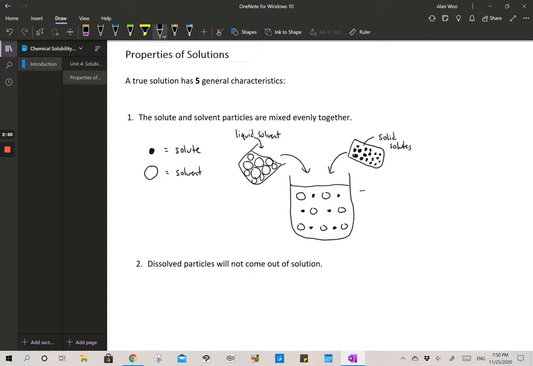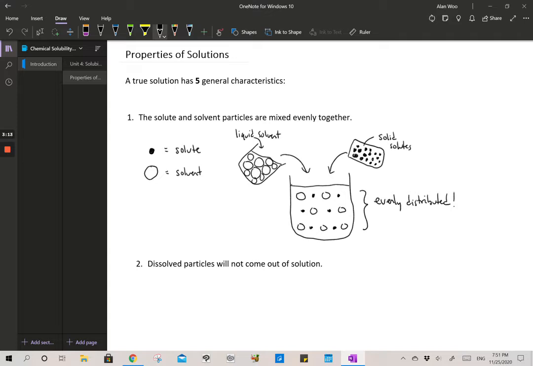Okay, so this is evenly distributed. If they were not evenly distributed, it wouldn't necessarily be a true solution, like a homogeneous solution. It would rather be a heterogeneous solution.